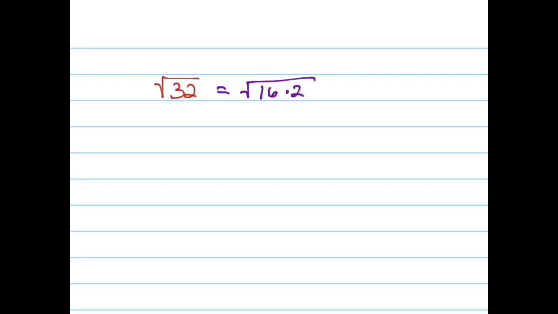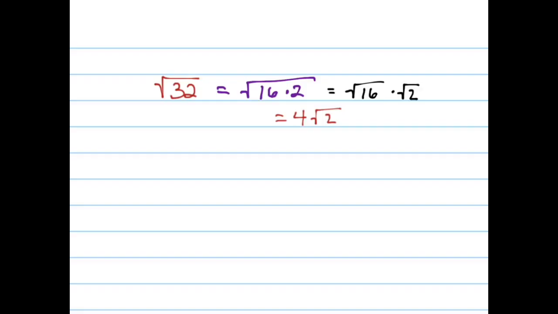So what we can do is split that 32 into 2 pieces, 16 times 2. Then we can use that product property that we learned to split that radical into 2 separate radicals. Square root of 16 times square root of 2. And what's the square root of 16? 4. So that equals 4 radical 2. Make sense?